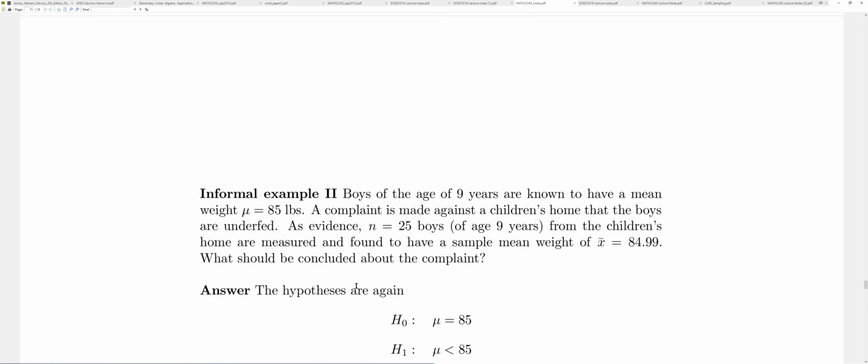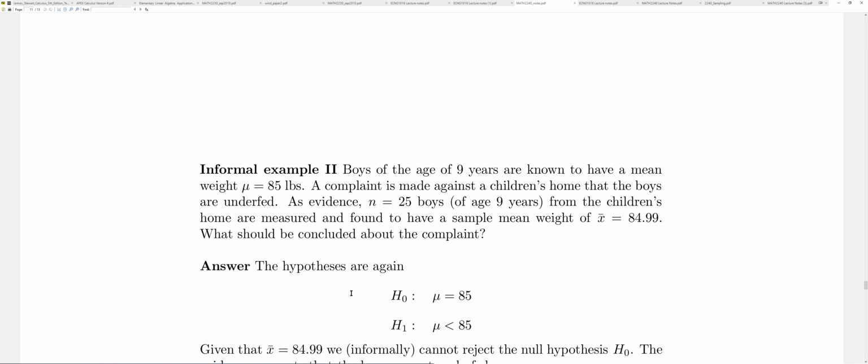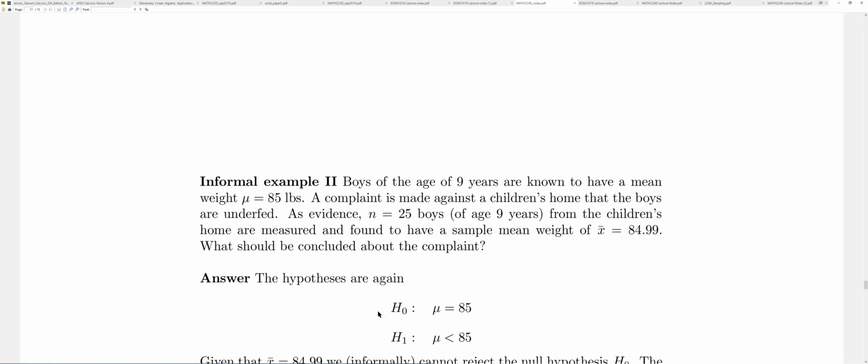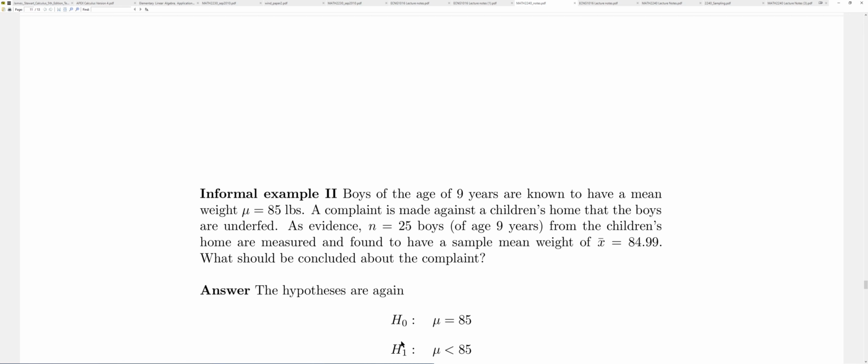So again, we want to set up the hypotheses. You're going to have an H0 and an H1. H1 is the question that we want to answer, or the theory that we want to investigate. The question we're looking at is whether the mean weight of the boys is in fact less than the standard value, which is supposed to be 85.